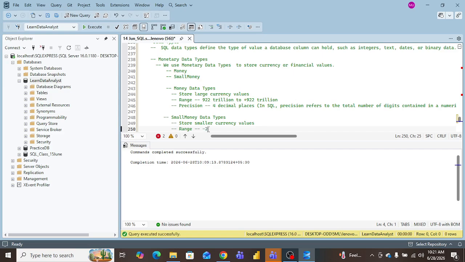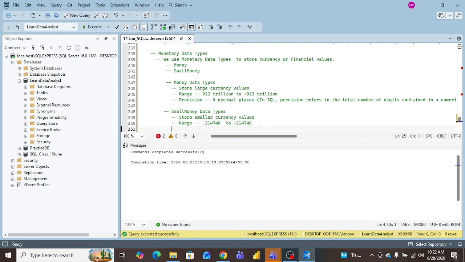Minus 214,748, and so on, 214,748,3648. It's a minus, and the other is a plus. What is the precision here? Precision is the same here.